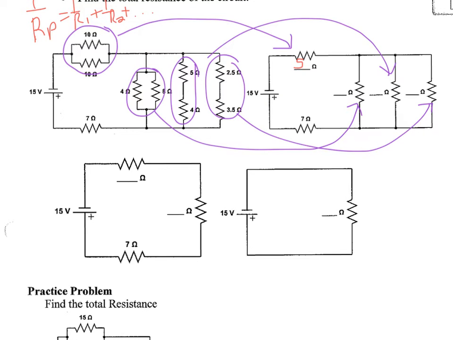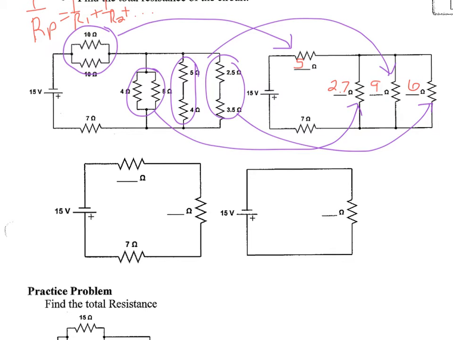Next we have 1/4 plus 1/8, and the reciprocal of that is 2.6 repeated, so let's round that to about 2.7 ohms. These ones are easy, they're in series, so 5 plus 4 is 9 ohms. And these are also in series, 2.5 plus 3.5 is 6 ohms.